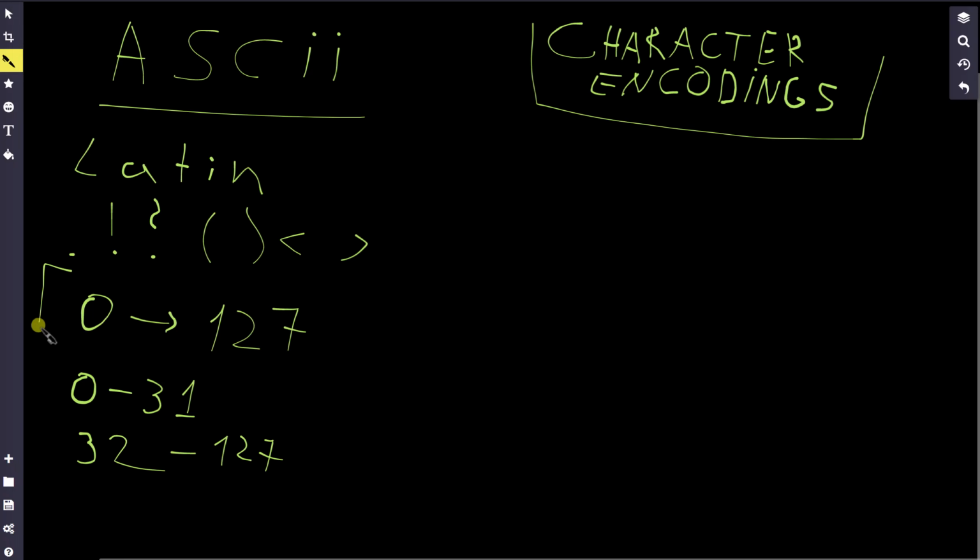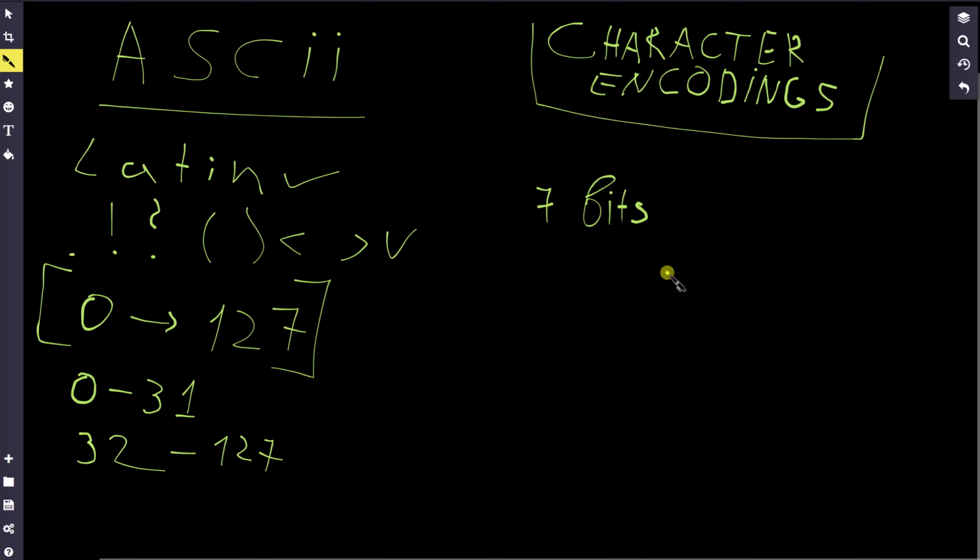So now we know that these numbers are utilized in ASCII. And you know what it means? It means that any Latin character or special symbol can be represented by using only 7 bits of information. To put it simply, 1 bit can contain either 0 or 1.